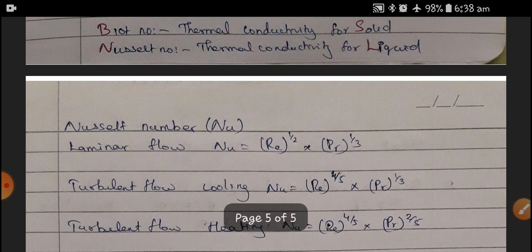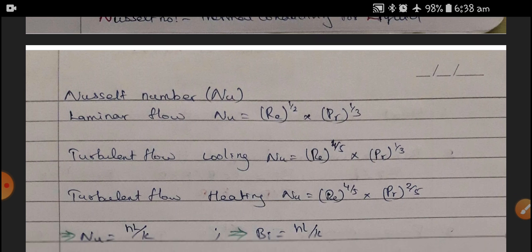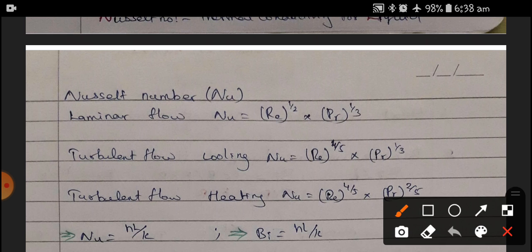And here the Nusselt number for the laminar flow, Nusselt number is equal to Reynolds number power 1 by 2, Prandtl number power 1 by 3.